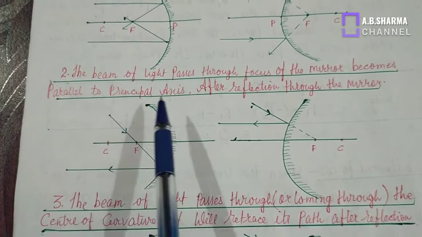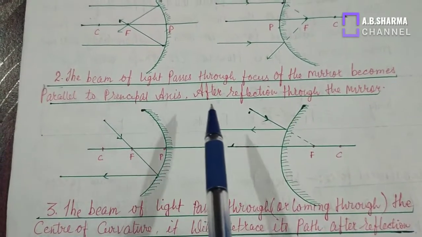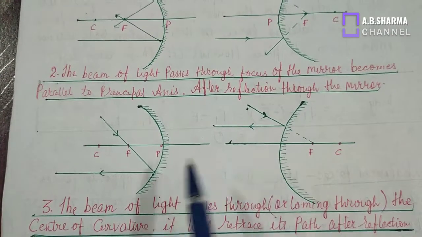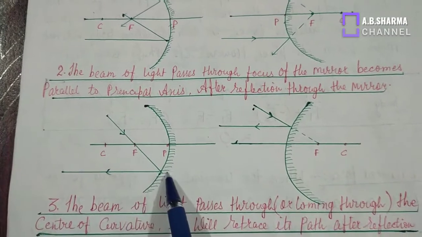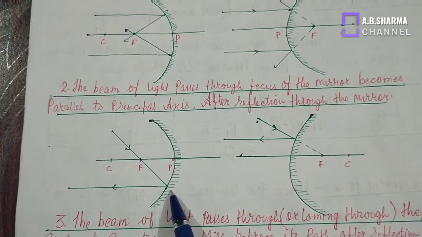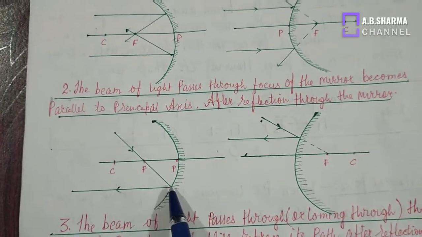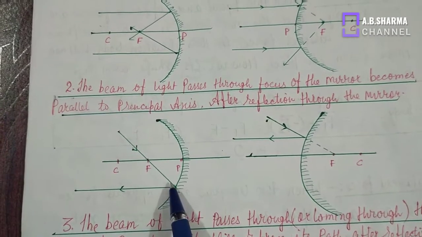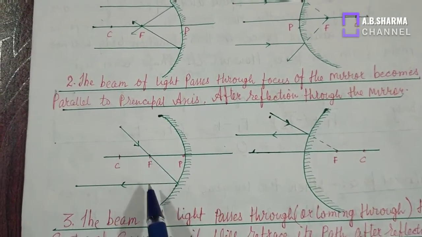Second, the beam of light passing through the focus of the mirror becomes parallel to the principal axis after reflection from the mirror. The light ray which is coming through the focus is incident on the mirror and reflected, and it will be parallel to the principal axis after reflection.